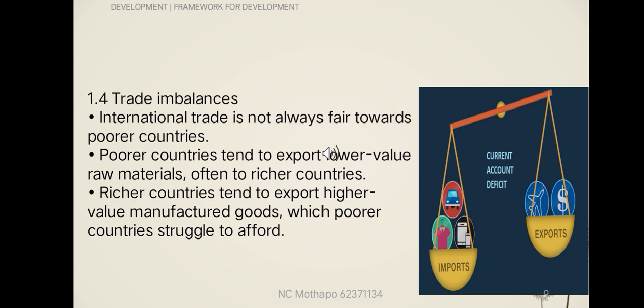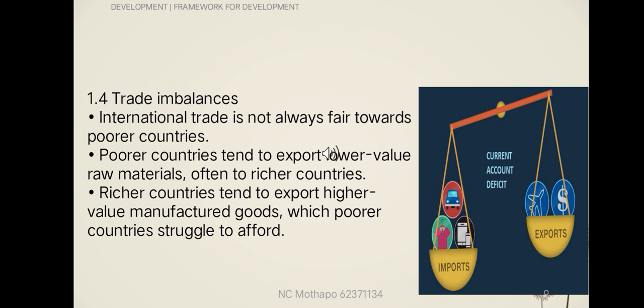The fourth factor that we're going to be looking at is trade imbalances. International trade is not always fair towards poorer countries. Poorer countries tend to export lower value raw materials, often to richer countries. Richer countries tend to export higher value manufactured goods, which poorer countries continue to struggle to afford.